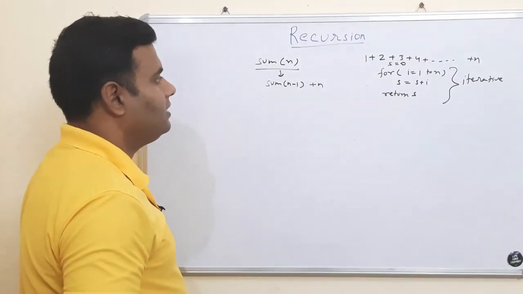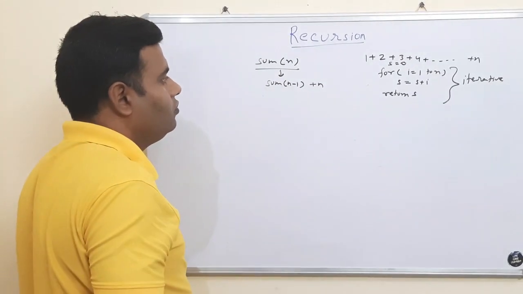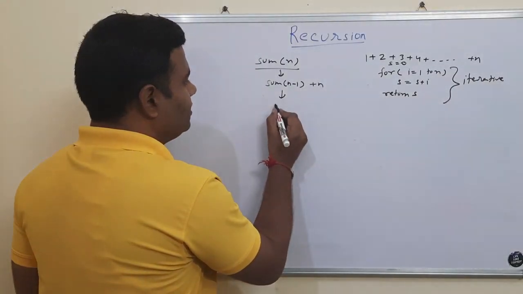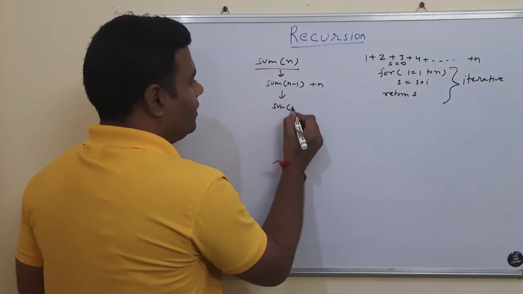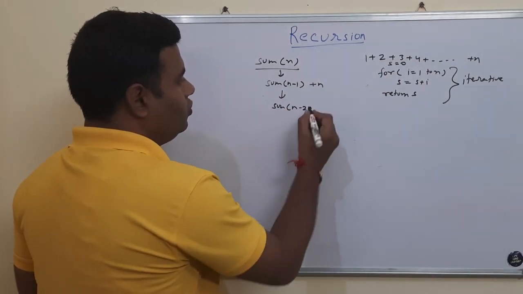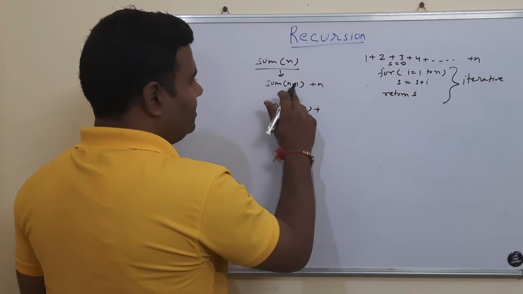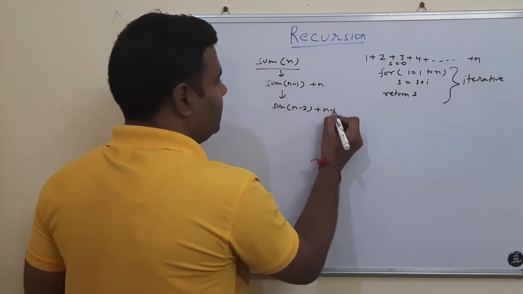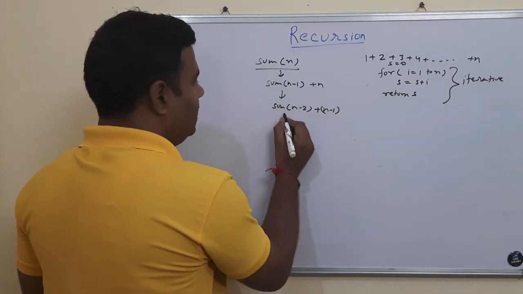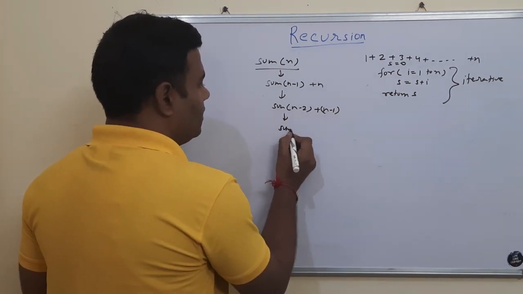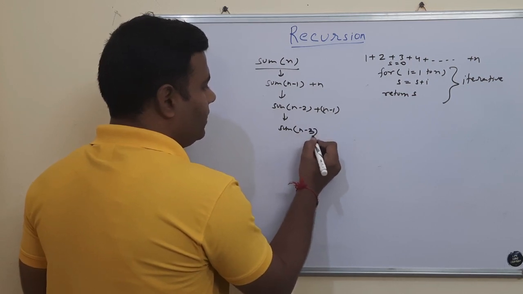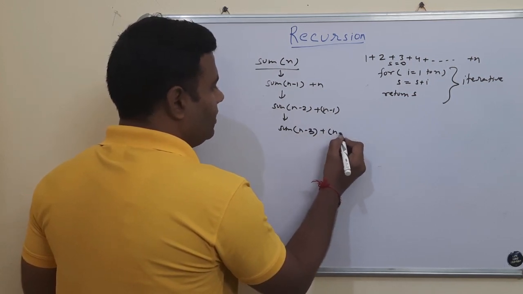Now you may say, n minus 1 is still a problem, how will you solve it? The same approach: we will divide this further into the sum of n minus 2 and then plus whatever the n minus 1 was in the previous step. Similarly, if I divide this n minus 2 type of problem into n minus 3, then plus n minus 2.